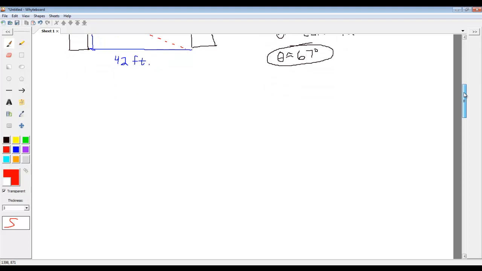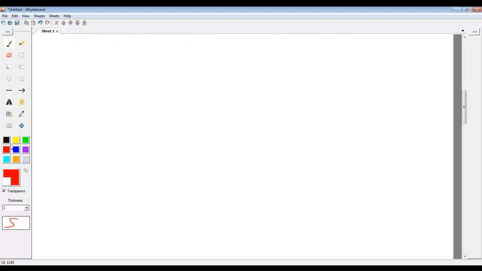Okay, next we're going to talk about bearing. Bearing is a concept in navigation, like what's your location, what's your bearing.